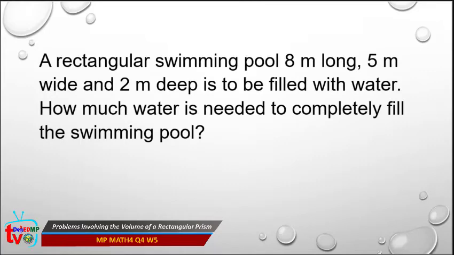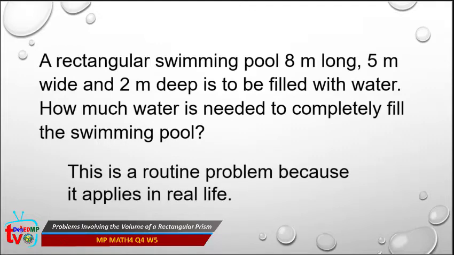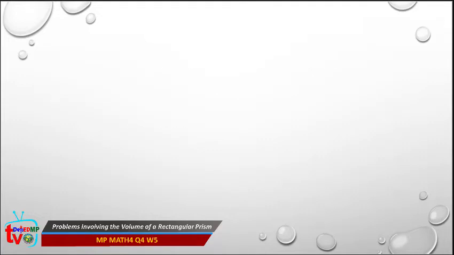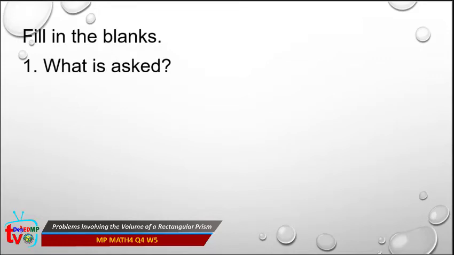Read the problem. A rectangular swimming pool, 8 meters long, 5 meters wide, and 2 meters deep, is to be filled with water. How much water is needed to completely fill the swimming pool? What type of a problem is this? This is a routine problem because it applies in real life. Alright, let's fill in the blanks. Number 1. What is asked?